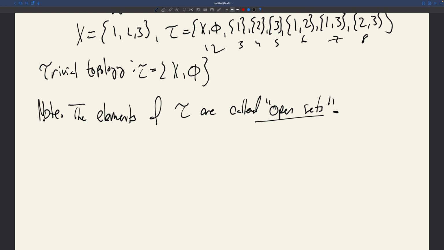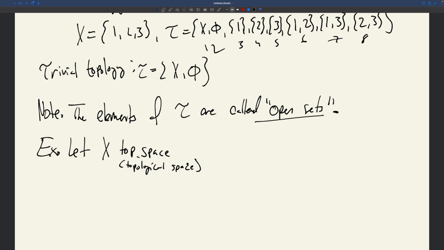Okay, so here's a fun little exercise. Let X be a top space. We're just going to abbreviate this to topological space, and that's how it would probably be referenced later on because I don't want to say that mouthful every single time.